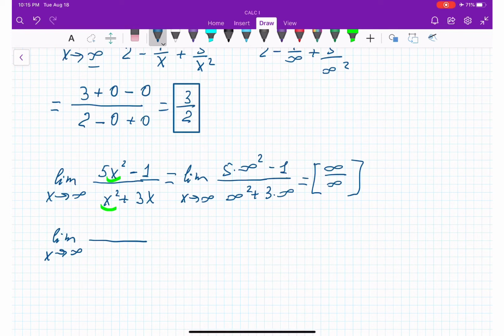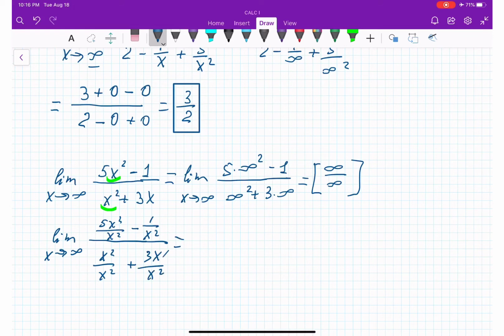Yes, so 5x squared divided by x squared, minus 1 over x squared. Now here x squared divided by x squared, and plus 3x over x squared.